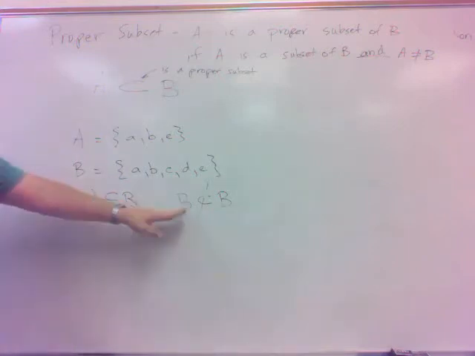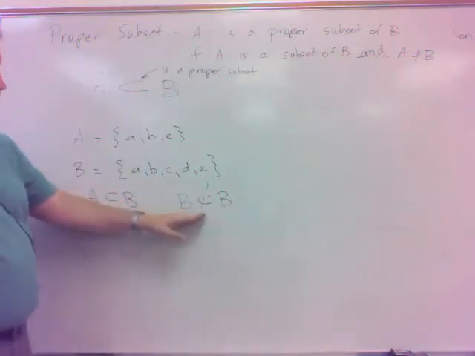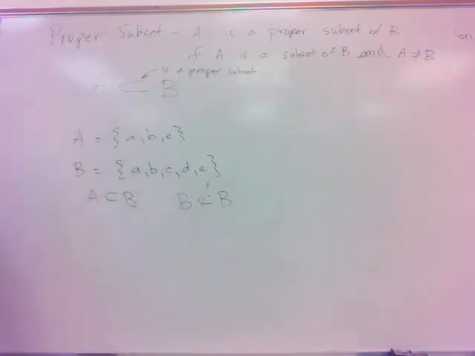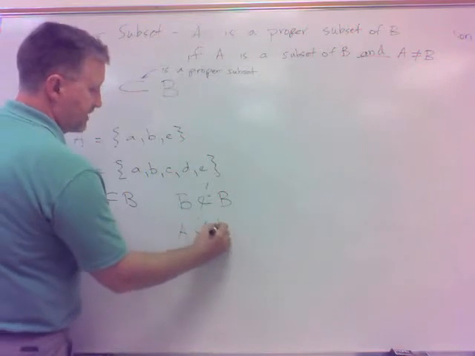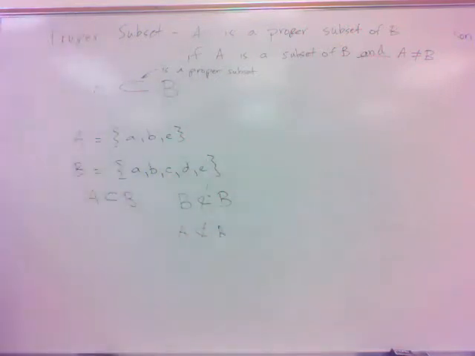So really the only ones you run into a problem with on the proper subsets are the sets themselves. B is not a proper subset of B. A is not a proper subset of A, and so forth. As long as it's a subset and it's smaller, it's a proper subset. Okay?